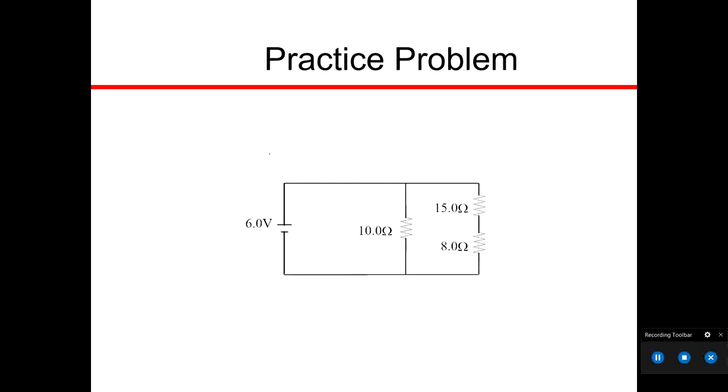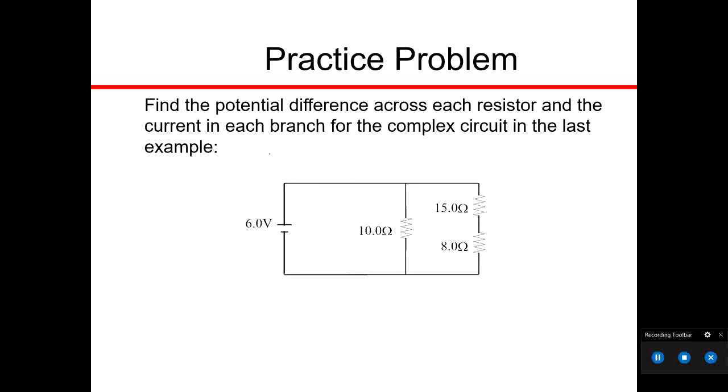So let's go back to the same problem we just did. Okay, so our example here, but we're going to now break down and look for the potential difference across each resistor and the current in each branch. So what we're trying to find here, okay, I'll write down a list. Here's the stuff we know. We know that the total voltage is 6 volts. We know the total current, because we calculated that in the previous part for this question, is 0.86 amps.